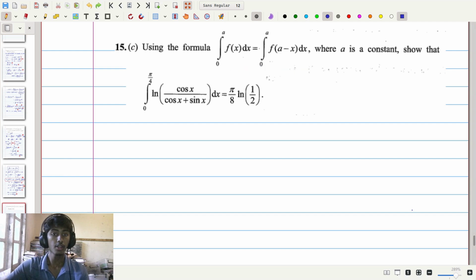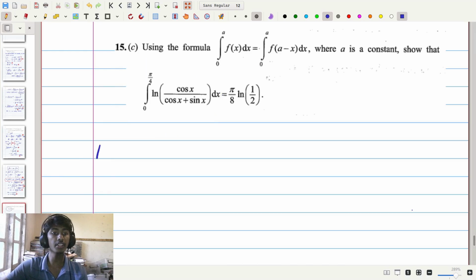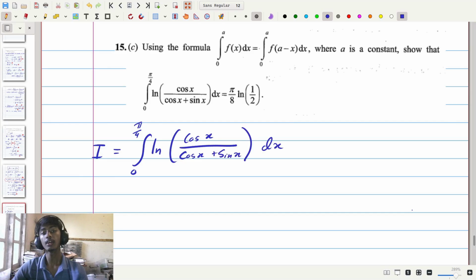So given that, for this particular integral here, if we apply the same identity, we can say if the integral I is this integral, which is the integral from 0 up to pi by 4 of the natural logarithm of cosine of x divided by cosine of x plus sine of x taken with respect to x, this integral must be equal to the same integral with limits of 0 to pi by 4 of, and on the inside, instead of f of x, we have f of a minus x, where a is pi by 4.